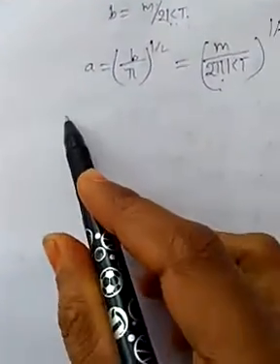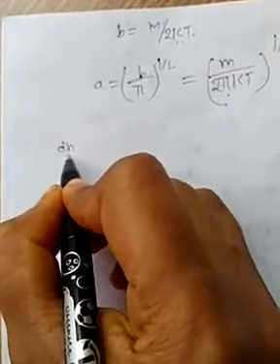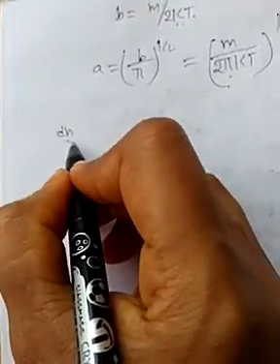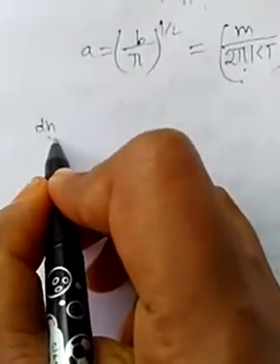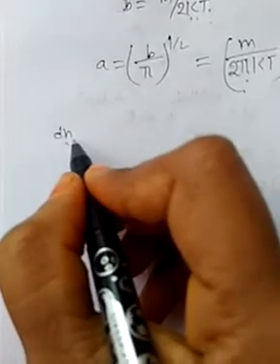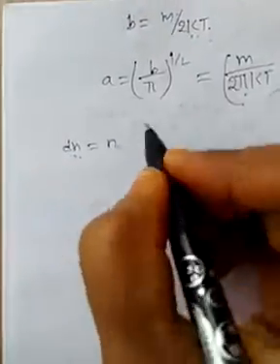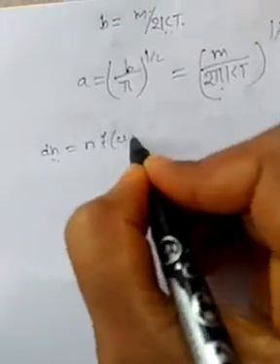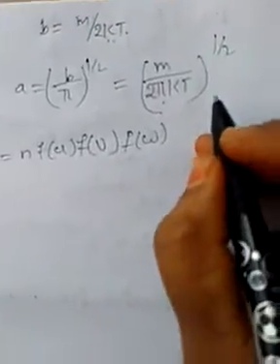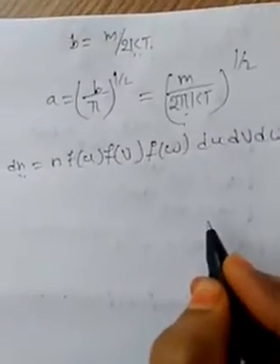So the number of molecules dn. What is dn here? dn is the number of molecules having velocity components lying between u and u plus du, v and v plus dv, w and w plus dw. So dn equals n into f(u), f(v), f(w) du dv dw.